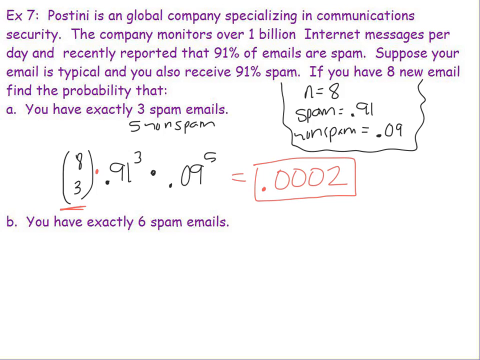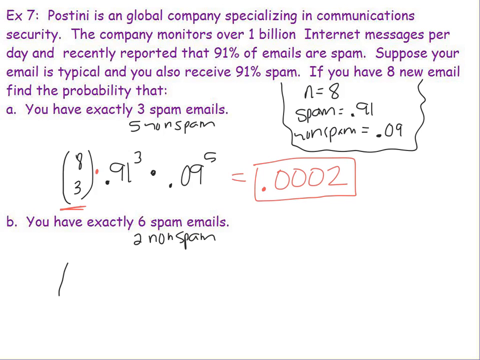So let's look at part B. All I'm changing now is instead of 3 spam, I now have 6 spam. So if we have 6 spam and we have a total of 8 emails, that means that 2 are your non-spam. So we're simply changing basically the exponents.